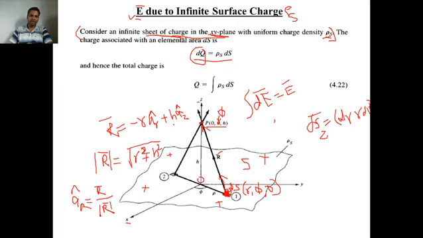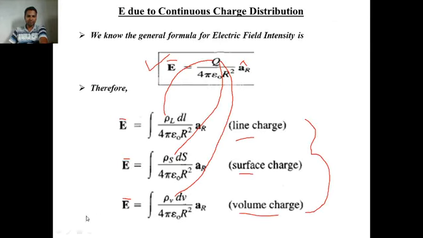A distance vector is nothing but a vector which is directed to the given point from the given charge. From this r bar we obtained its magnitude as well as unit vector. Why did we calculate all these things? Because we want to use this particular formula. Which is this formula? This is the formula of E bar.